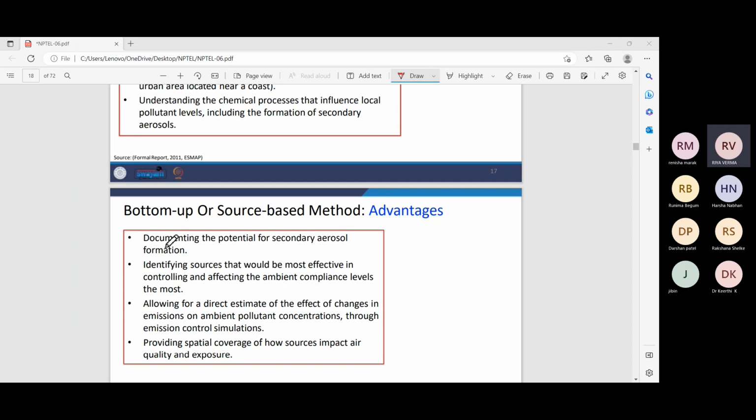Basically, if we have multiple sources of pollution, it's not necessary to control each one of them. There will be one or two or more sources which will have the major impact on the air quality. So we'll be able to identify those sources, and if we are able to control the emissions from those sources, ultimately the air quality will improve.